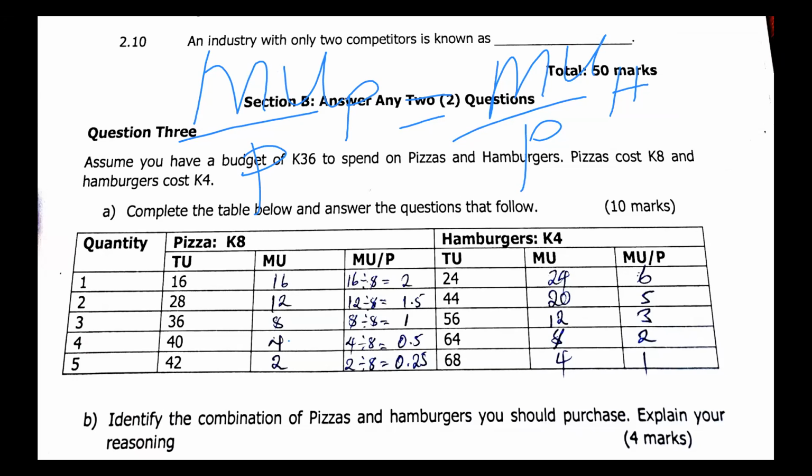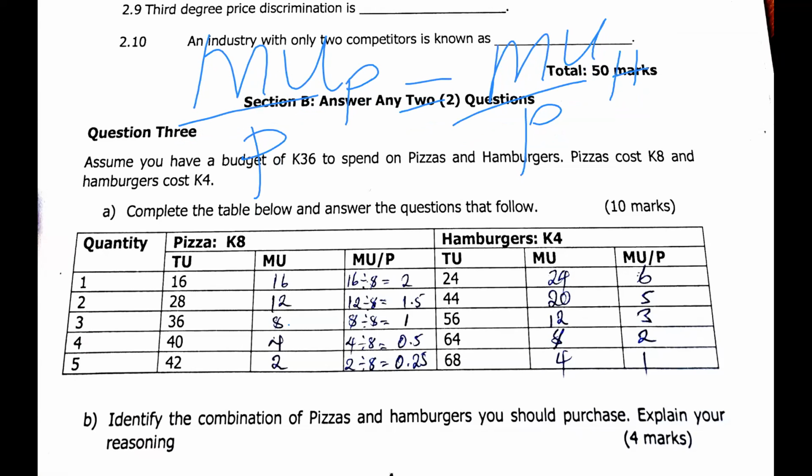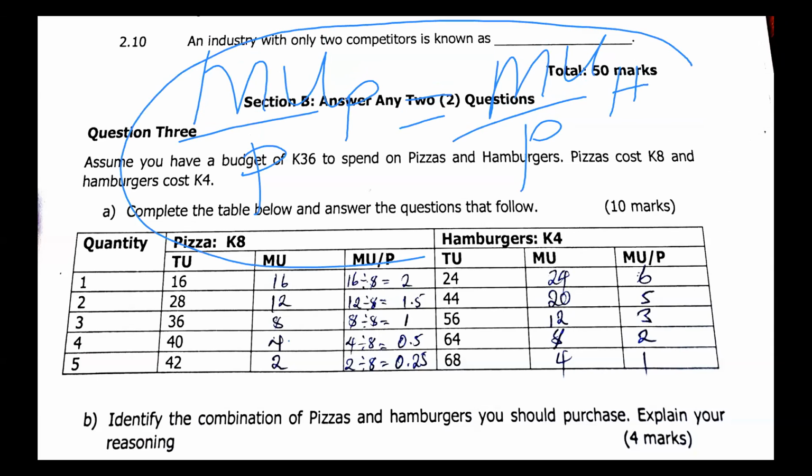So the explanation will be, how is the explanation starting, sir? I'm trying to say that your question is to identify the combination, but I'm telling you that for you to identify which combination between these two goods, you get the combination at which marginal utility over price of a certain good is equal to the marginal utility over price of the other good.